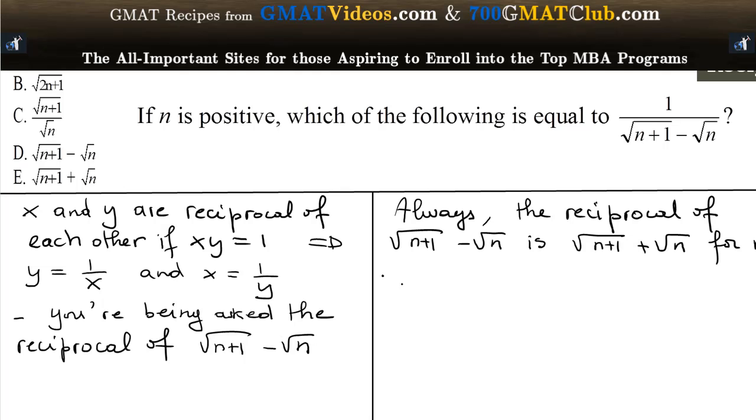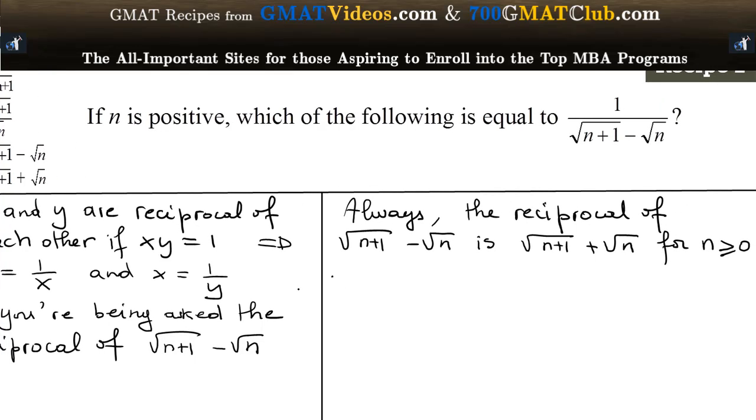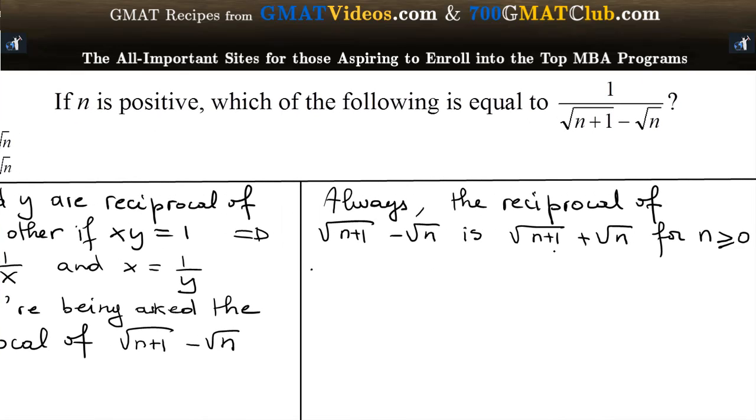And conversely also, by the way, when I say that x is a reciprocal of y, it also means that y is a reciprocal of x. So, I don't have to write it. Root of n plus 1 plus root of n is a reciprocal of root of n plus 1 minus root of n, but also root of n plus 1 minus root of n is a reciprocal of root of n plus 1 plus root of n.